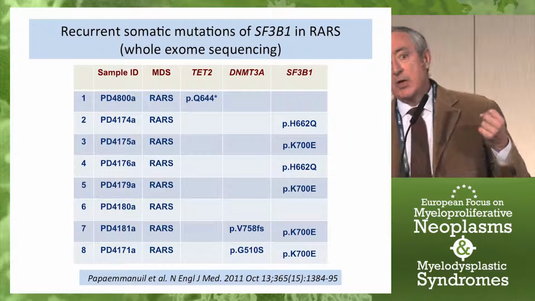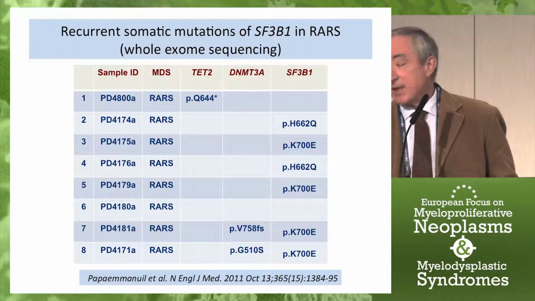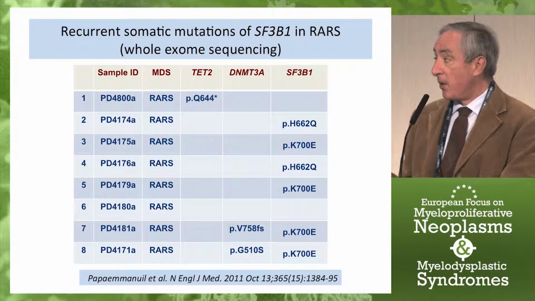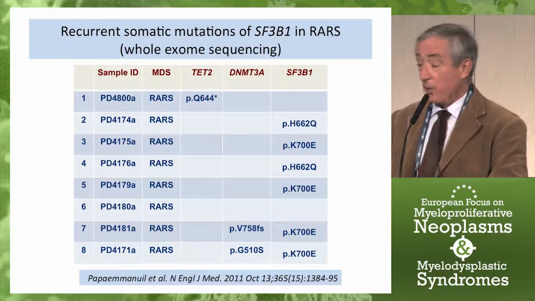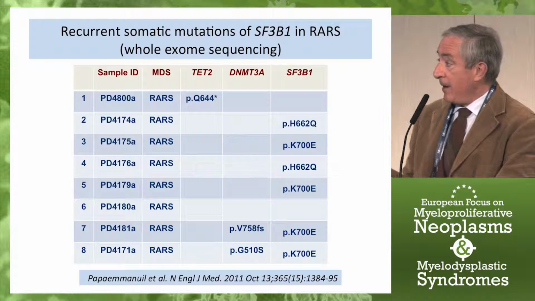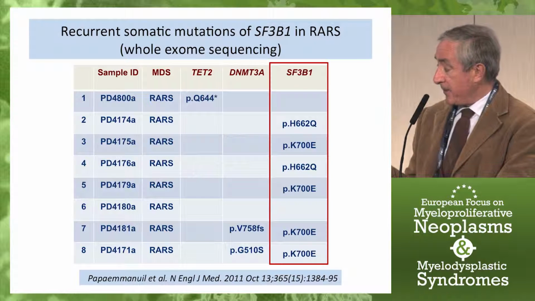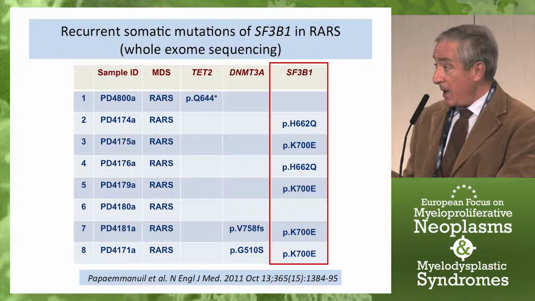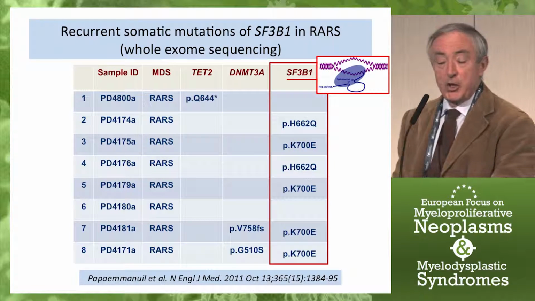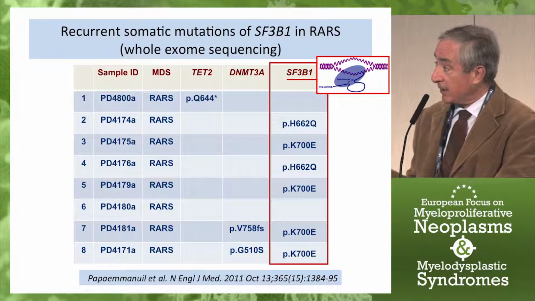In order to define the genetic basis of this condition, we did whole exome sequencing in a European collaborative study, and found that of the 8 patients studied, 6 carried a somatic mutation in a gene called SF3B1, which encodes a splicing factor.